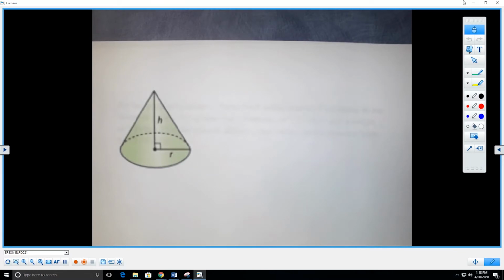So how do you find the volume of a cone? The volume of a cone with a radius r is 1/3 the area of the base B times the height h. Here is the formula. Be sure to write these down because we will be using them later.